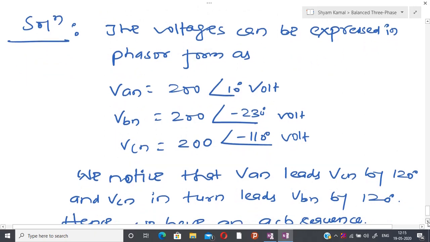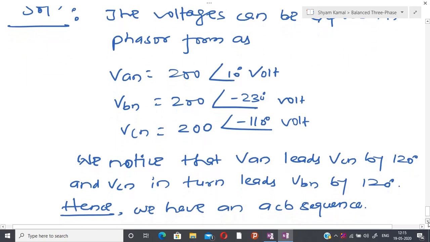Whenever this kind of question comes into the picture, you have to just convert that into the form of phasors, and from the phasors one can notice that VAN leads VCN. You know how we talk about leading and lagging, so I am not going to discuss that now.